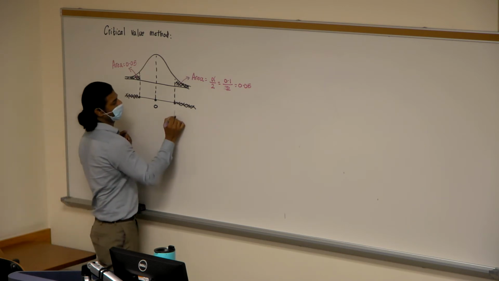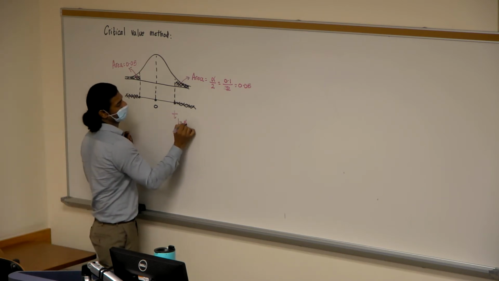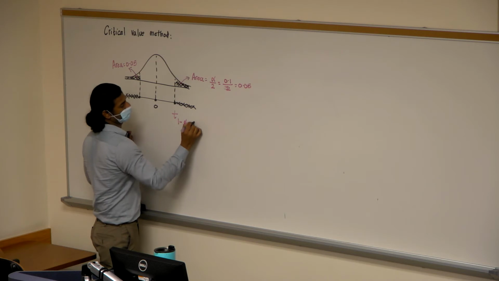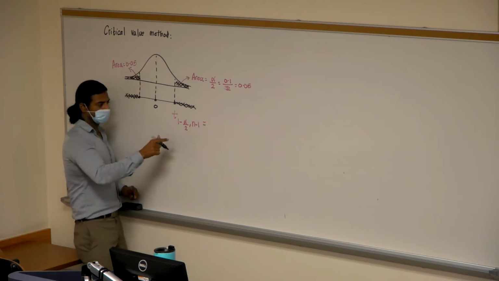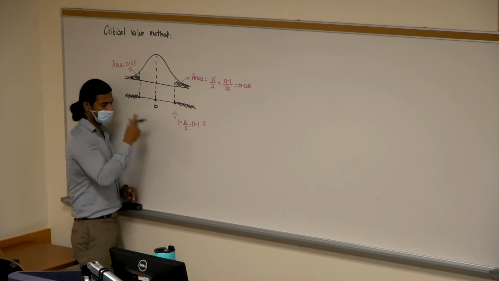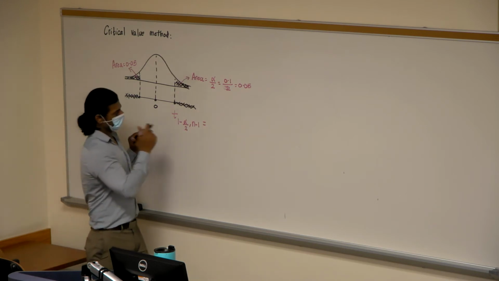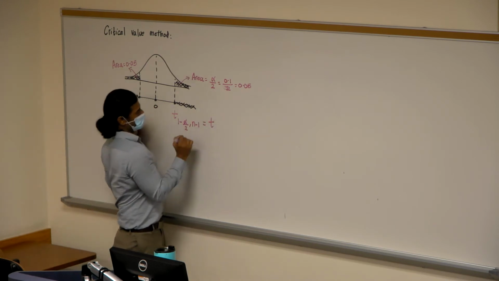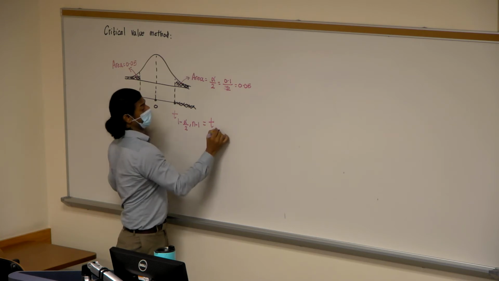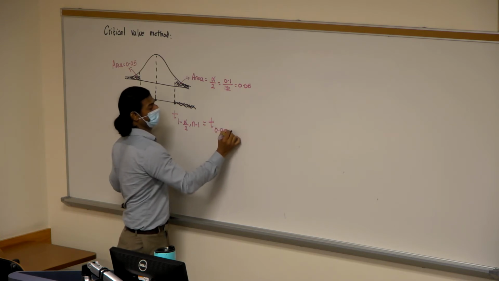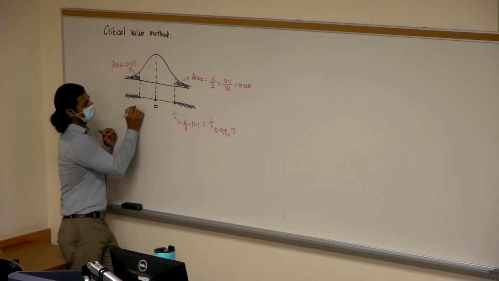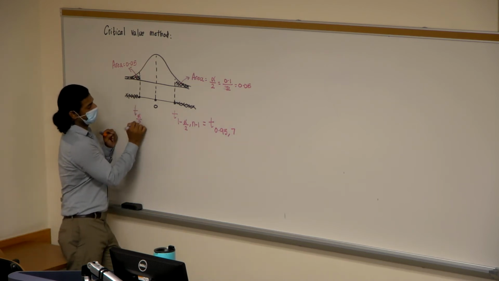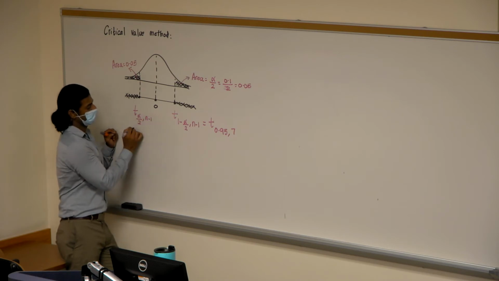So here, on the right hand side, this is t sub 1 minus alpha over 2, comma n minus 1. That would be 0.95, comma 7. On the left hand side, it is simply t alpha over 2, comma n minus 1.